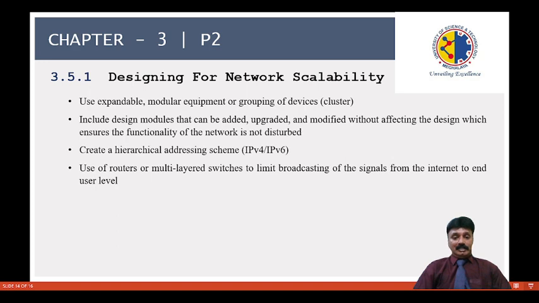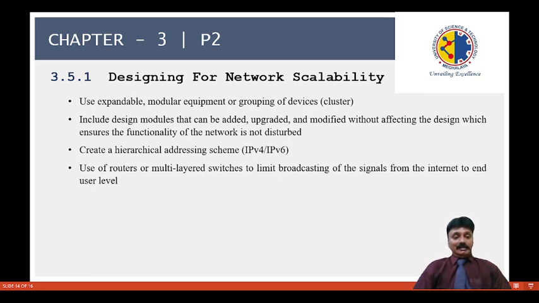Designing for network scalability. First, use expandable modular equipment or grouping of devices; that grouping is called a cluster. The second thing is to include design modules which can be added, upgraded and modified without affecting the existing design.